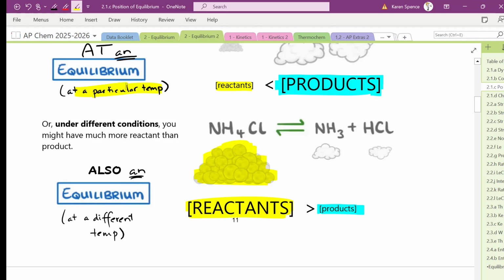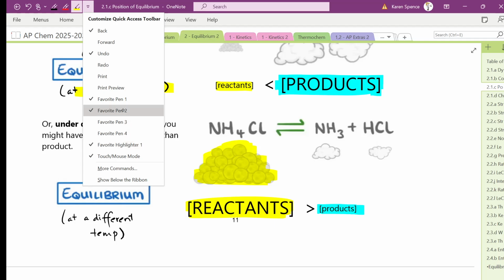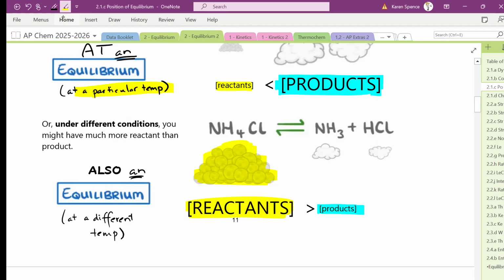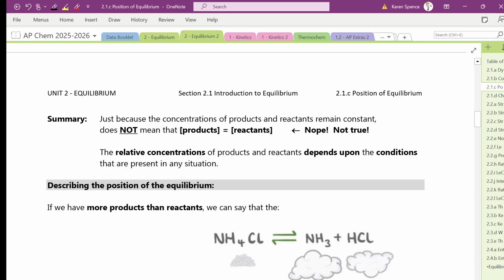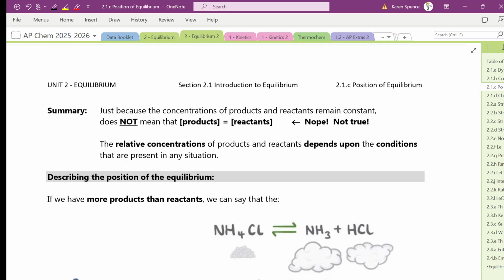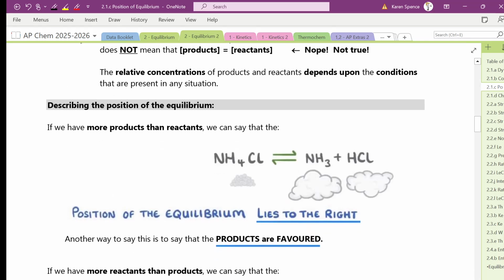This is at a particular temperature, and then the next one is at a different temperature. So just because the concentration of products and reactants remains constant does not mean they are equal. The relative concentrations depend on the conditions present.